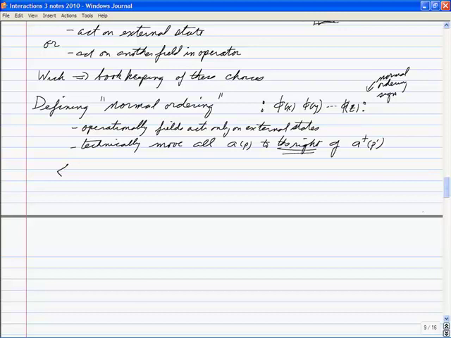Okay, so what this means then is if you have vacuum matrix elements of normal ordered phi of x1 up to phi of xn, that's always equal to 0.